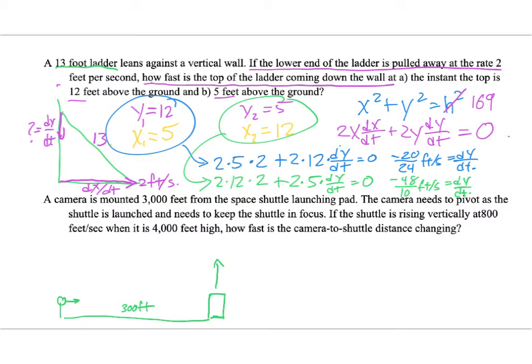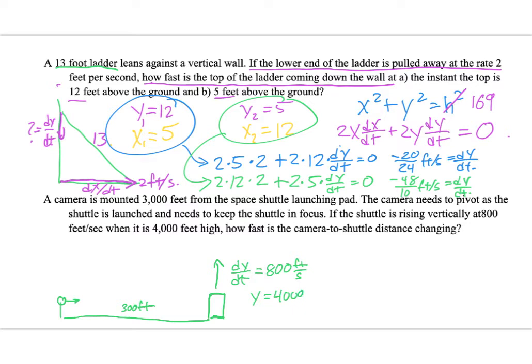It's vertically rising at 800 feet per second when it's 4,000 feet high. So I'm going to call that dy/dt is 800 feet per second. And at that time, we're going to say y is 4,000 feet.